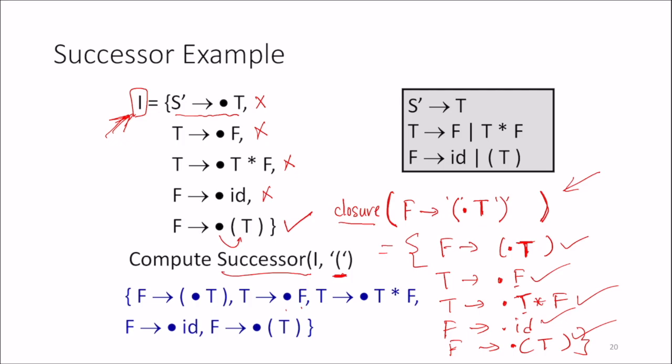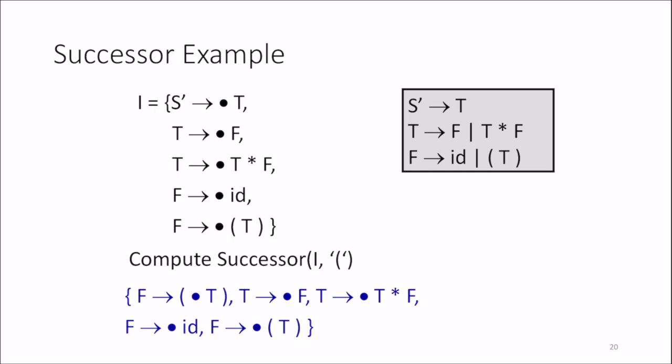It takes a symbol, which can be a terminal or a non-terminal. And the output is another set of states. It's possible that the output set of states is identical to the input set of states, just like it's possible for a DFA to have a transition back to itself. So far we know how to do a closure. We know how to do a successor. And that's really all the ingredients we need to build the action and go-to table.